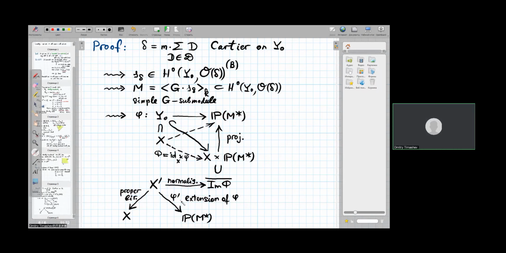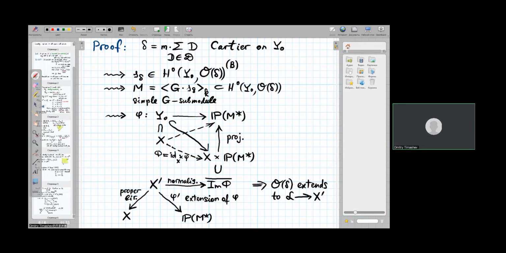So since this map phi extends to X prime, then this line bundle can be extended to a line bundle over X prime. So this implies that O of delta extends to a line bundle, say L, over X prime.